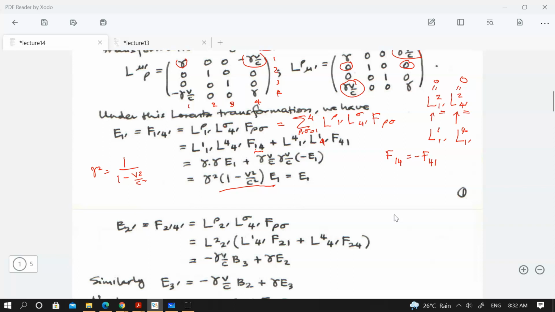If I put rho equals 2, I will get L2 dash, and then I would have to have, let me think properly at the moment. What's happening here?